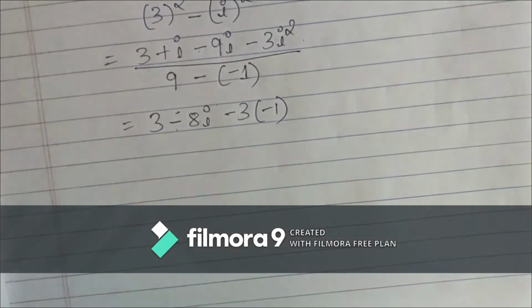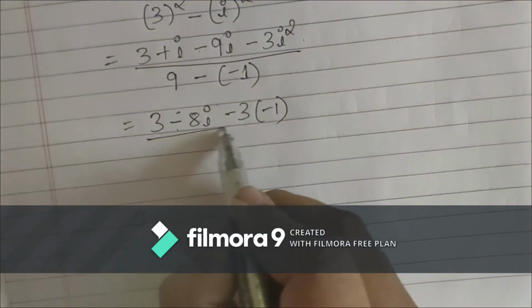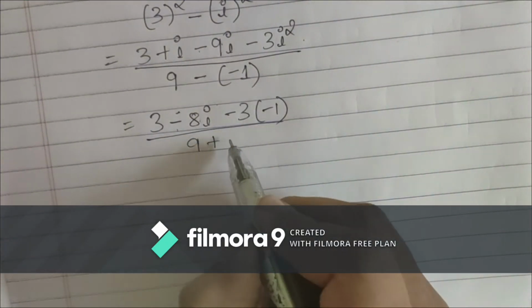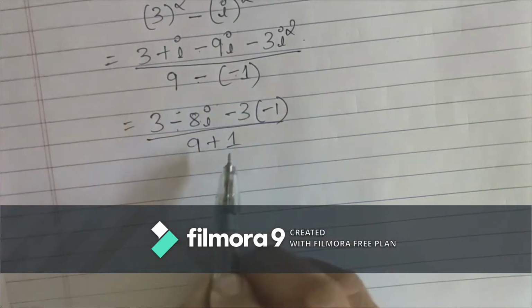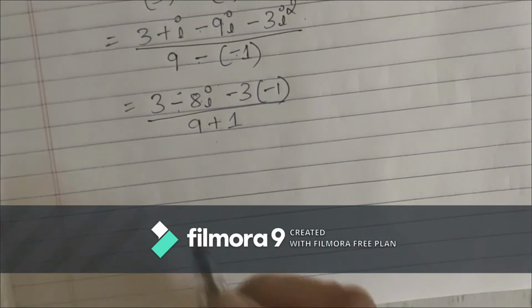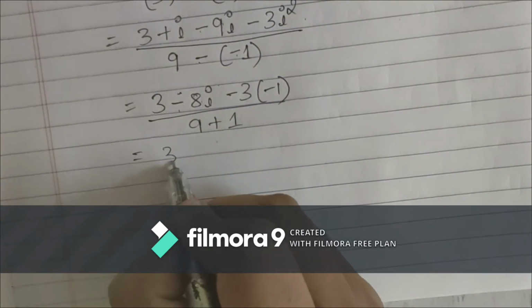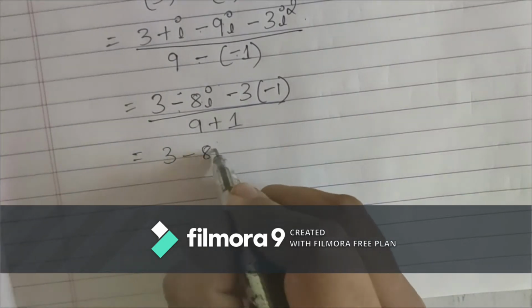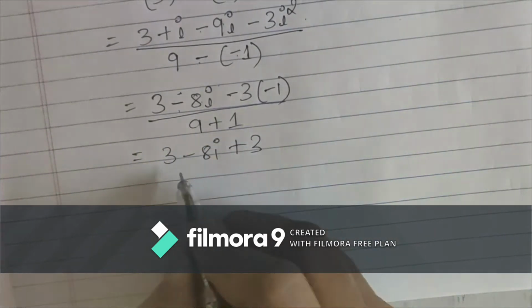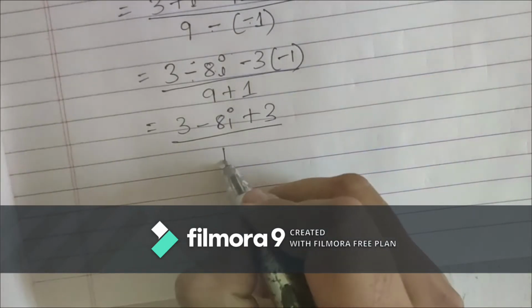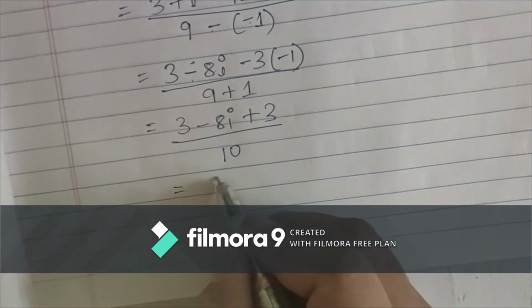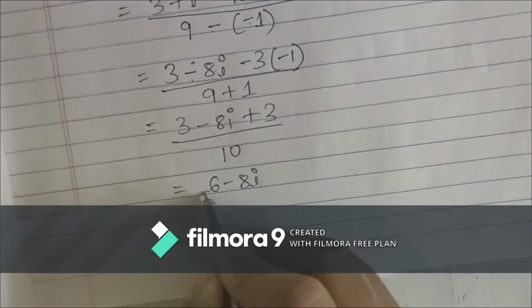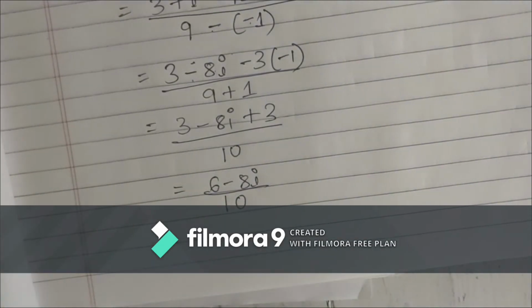Substitute the value of i square, so divided by 9 plus 1, because minus minus becomes plus. So this is 3 minus 8i plus 3, that is 6 minus 8i, divided by 10.